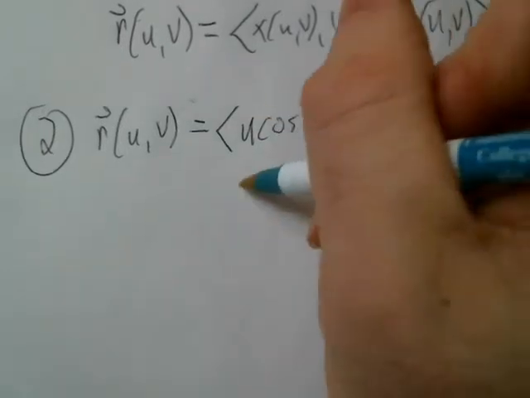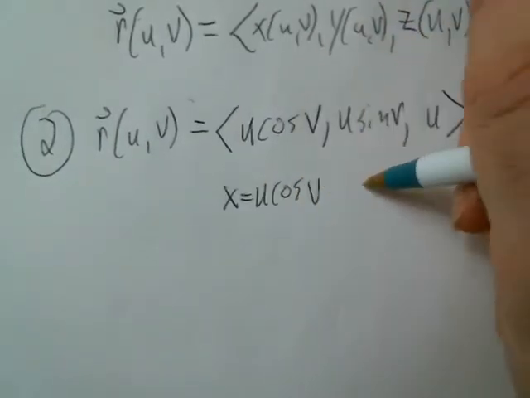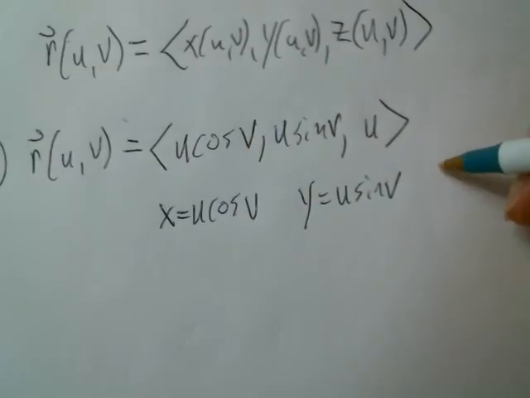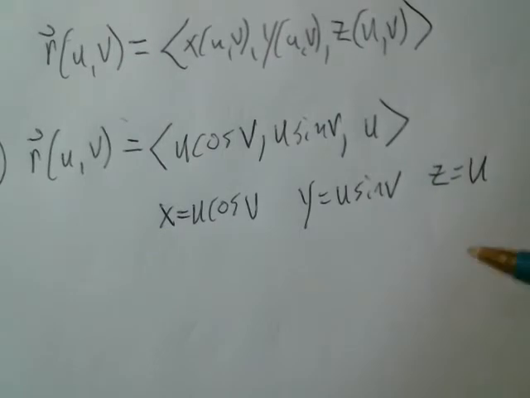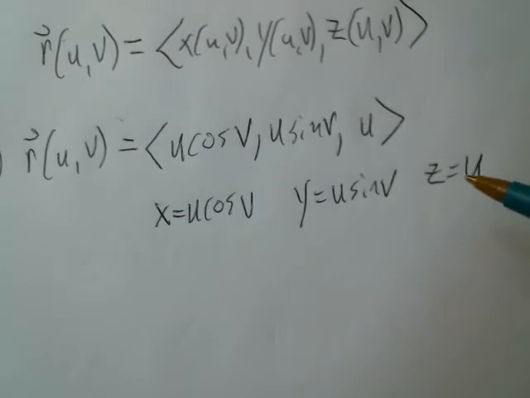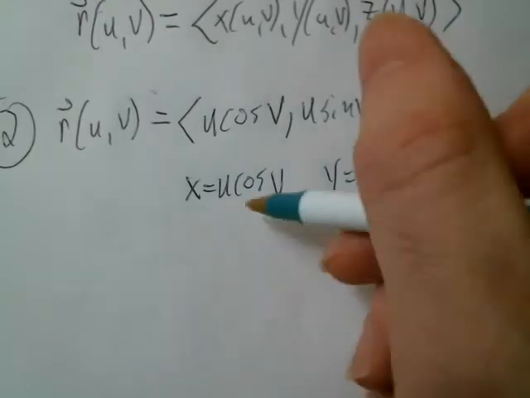So, identify your x. x is u cosine v, y is u sine v, and then z is equal to u. Whenever you have these trig type components, you're probably going to have to use one of our trig identities to convert it back into the x, y, z setting.